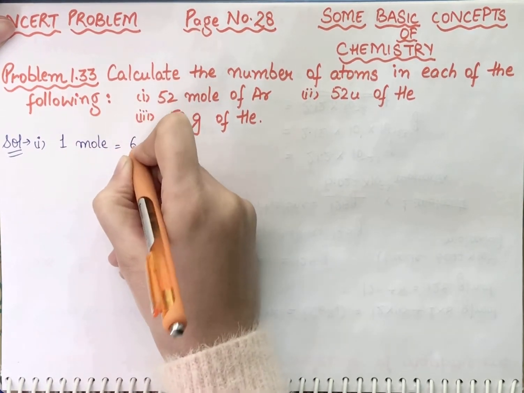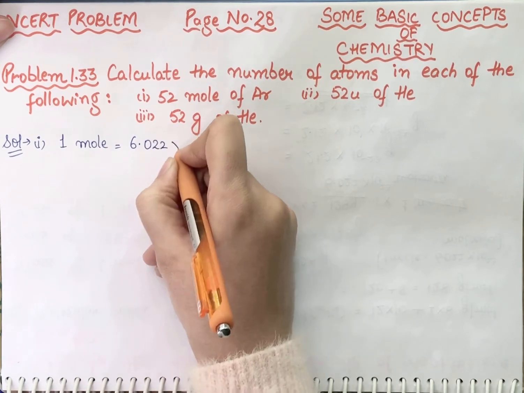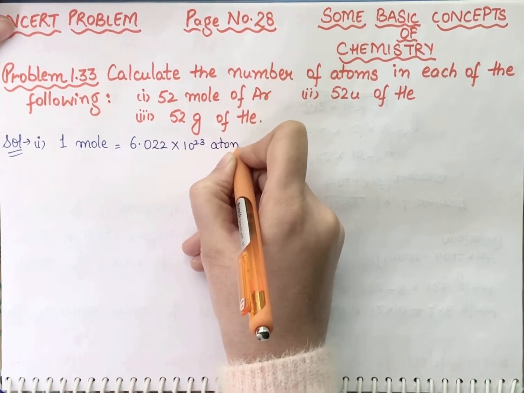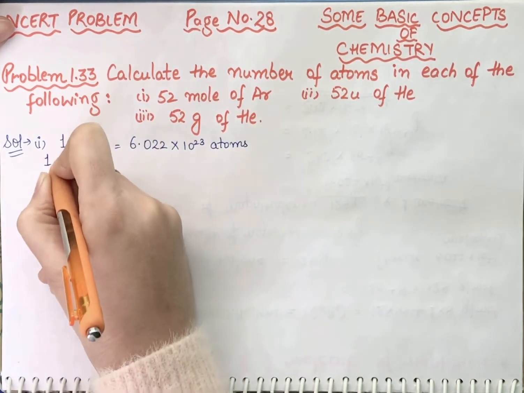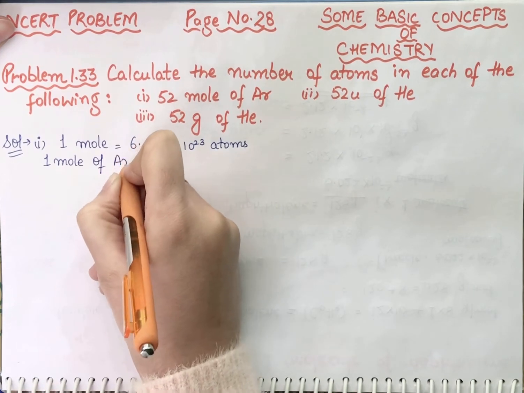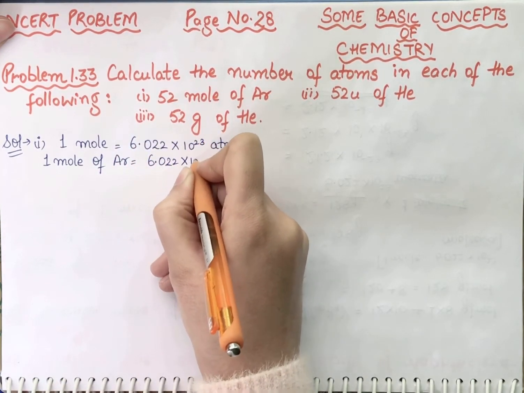equal to how many atoms? 6.022 into 10 raised to power 23 atoms, right? That means 1 mole of argon is having 6.022 into 10 raised to power 23 atoms of argon.